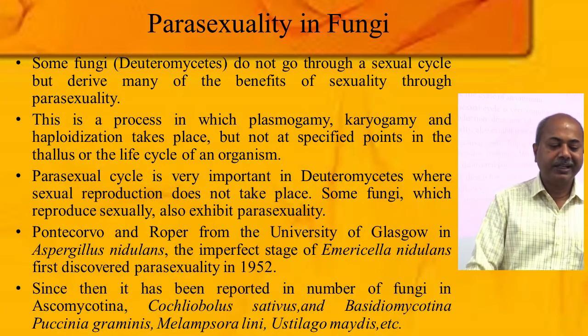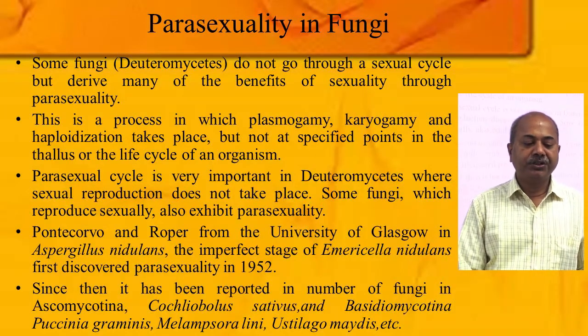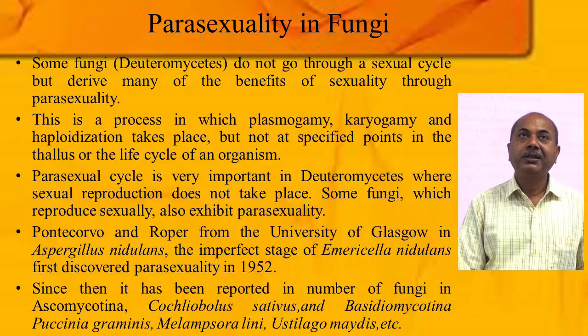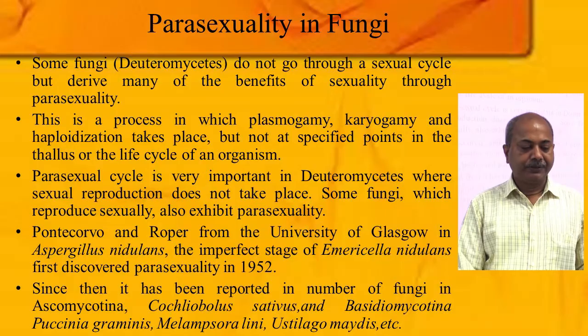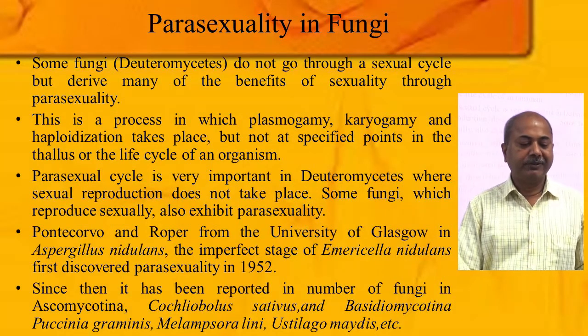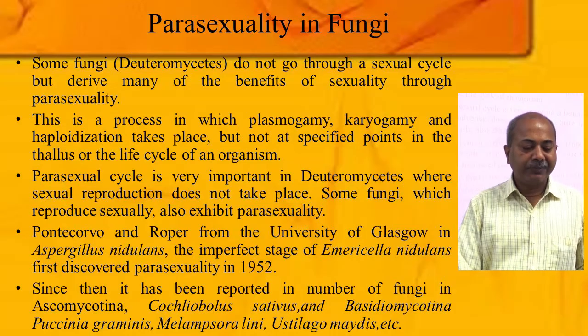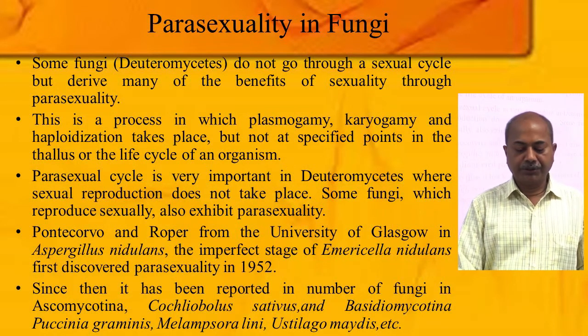So the parasexual cycle is very important in Deuteromycetes, where sexual reproduction does not take place, and some fungi which reproduce sexually also exhibit parasexuality. Since it was discovered in 1952 by Pontecorvo and Roper at Glasgow University, it has been reported in a number of fungi in Ascomycotina like Cochliobolus, and Basidiomycotina like Puccinia, Melampsora and Ustilago.